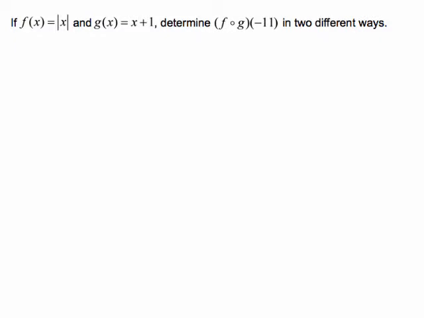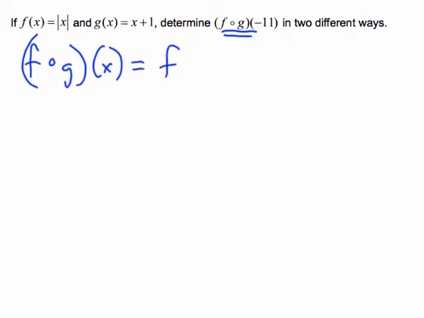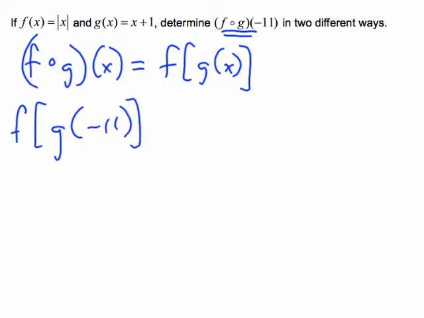Okay, just another example, f of x, g of x, and now this notation, the little o in the middle, that's code for composition. So this symbol isn't multiply, it means f of g of x. We want to work out f of g of negative 11 in two ways.